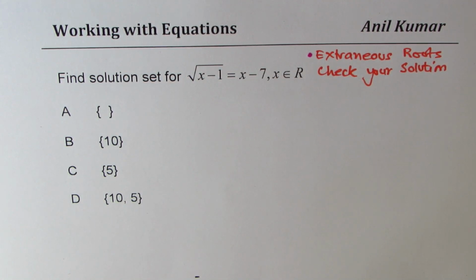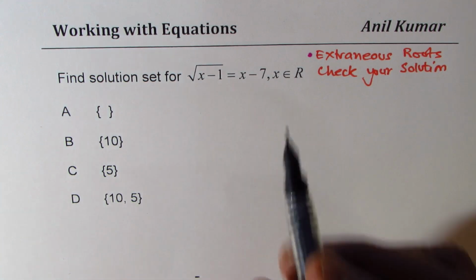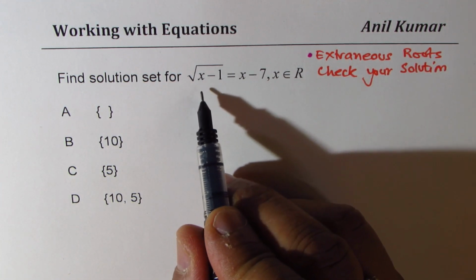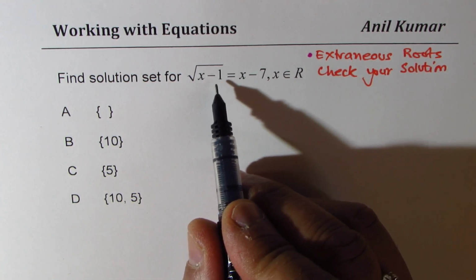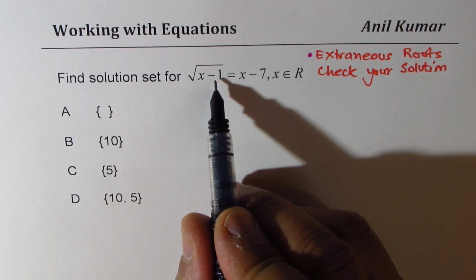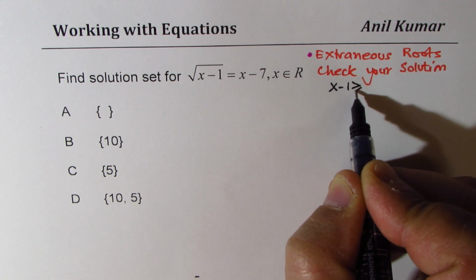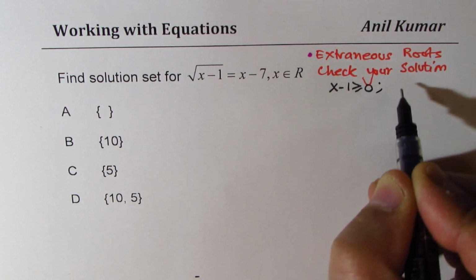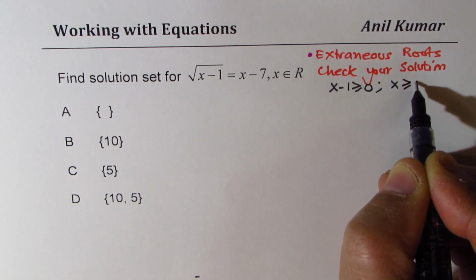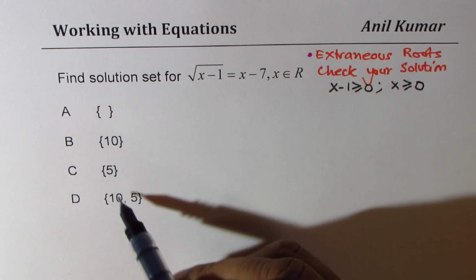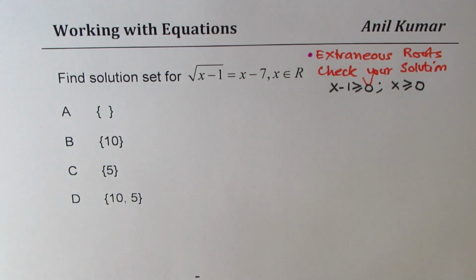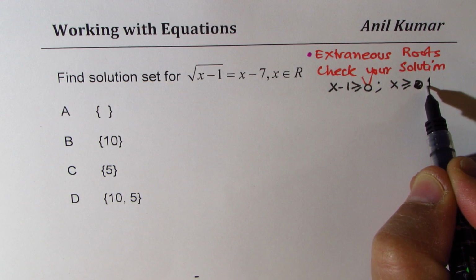Don't do that. Perfect. Now I also recommend that when you see a question, you should also see what the possible answers could be. Now x minus 1 is within a square root. That really means that x minus 1 should be greater than or equal to 0, or x has to be greater than or equal to 1.